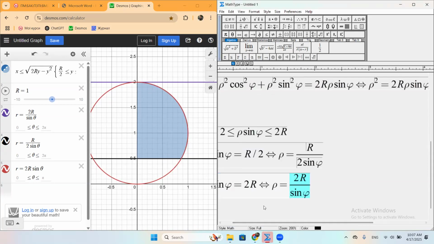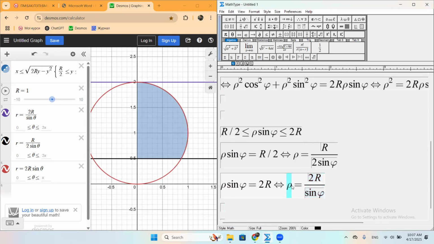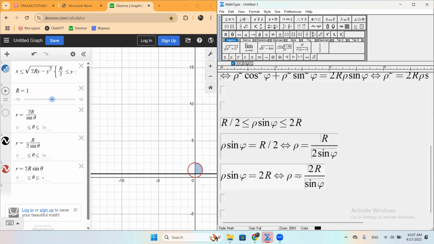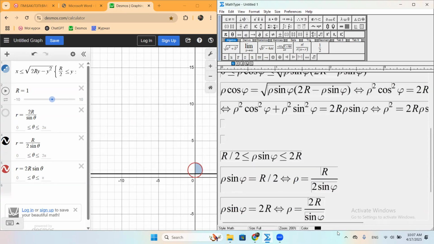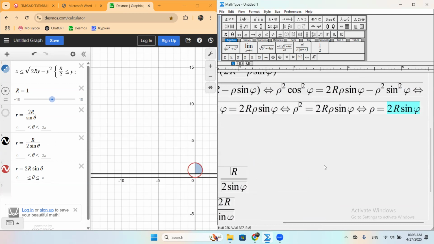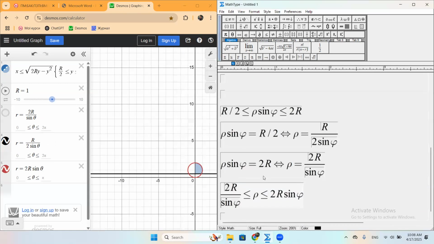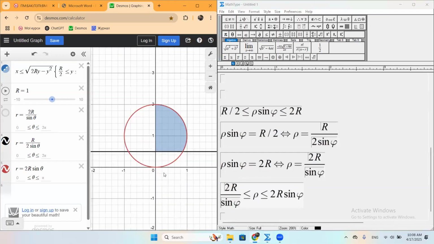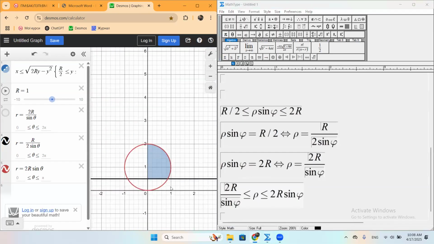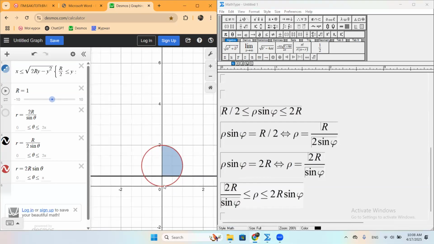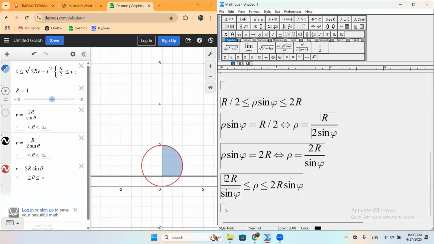From this graph, we can see that ρ changes from this value to this value. So found it. And φ actually changes from 0 to π over 2.